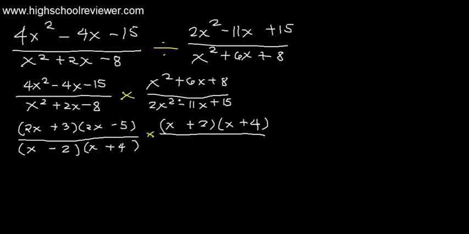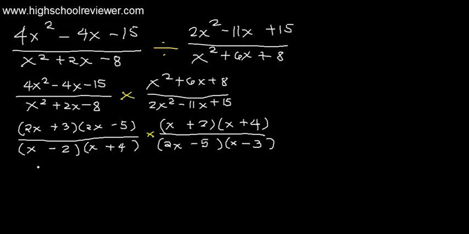And let's factor out 2x squared minus 11x plus 15. The factors of 2x squared will be 2x multiplied by x. And the factors of positive 15 that we will use will be negative 5 and negative 3.